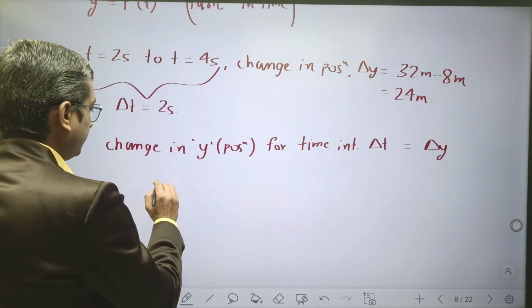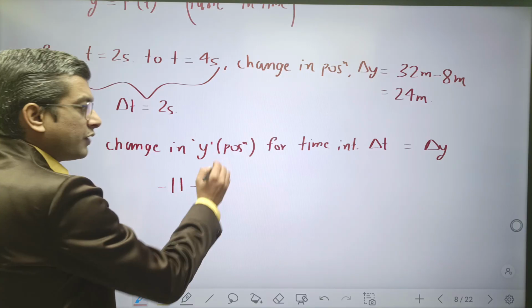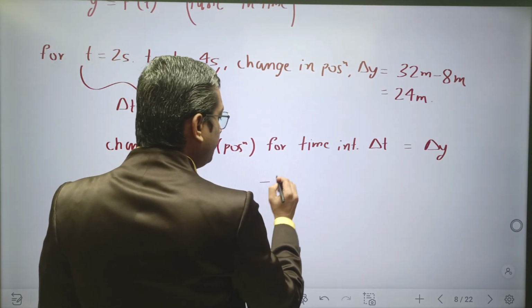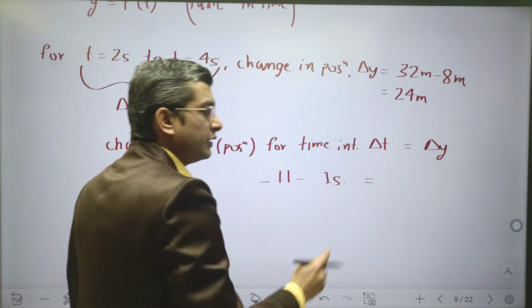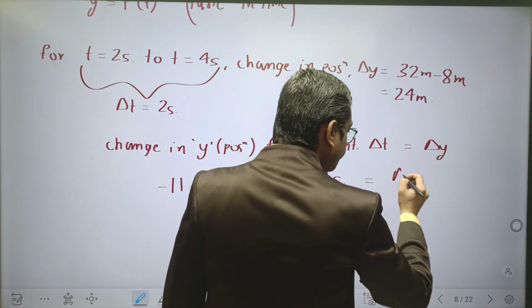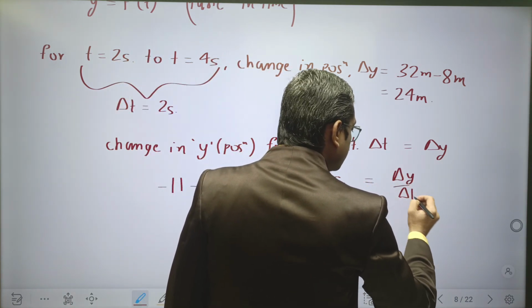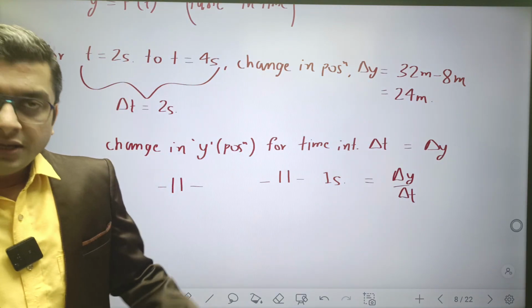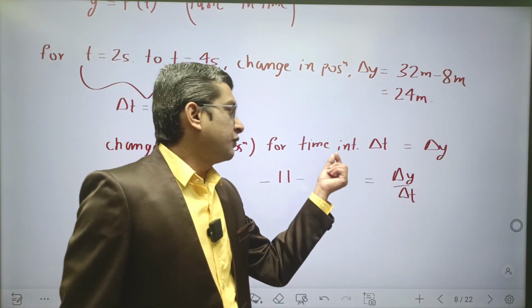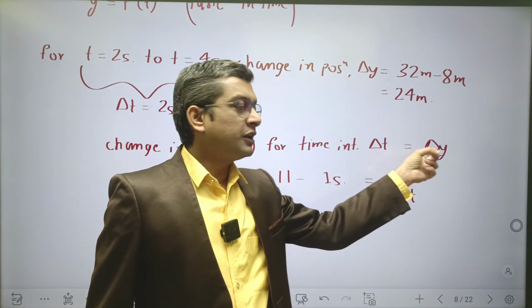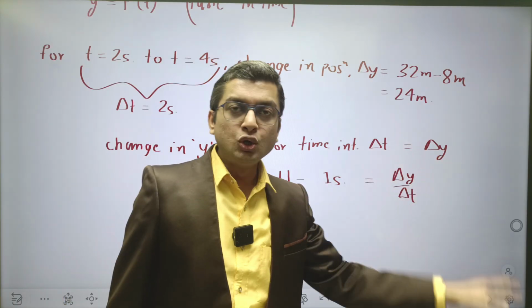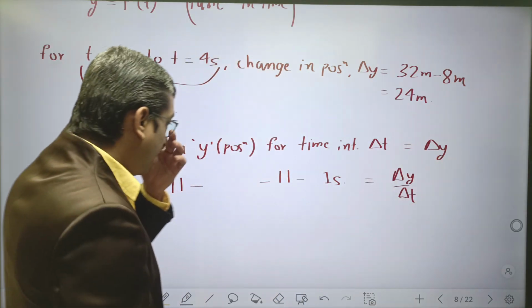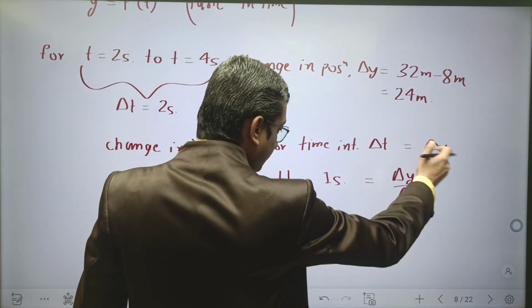Now if I write the change in y position for time interval 1 second, we divide the expression by delta t. Suppose the change in position corresponding to time interval 2 seconds is delta y. So the change in position corresponding to time interval 1 second is delta y by 2, isn't it? So we divide it by delta t, giving delta y by delta t.